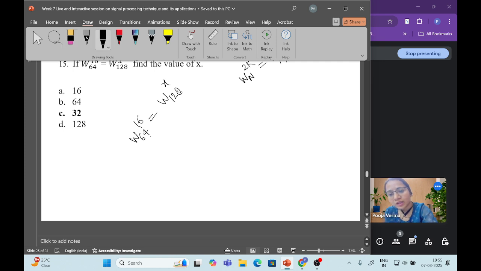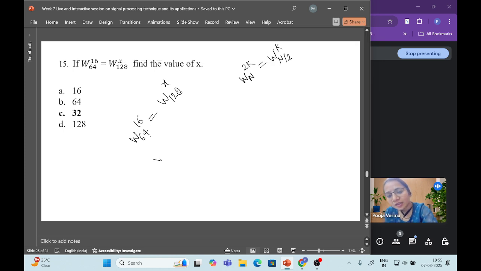So we can just multiply in this by 2. In this equation we can put it like this one. So W 128 into 32 equal to, just multiply in this part, so you will get, right?